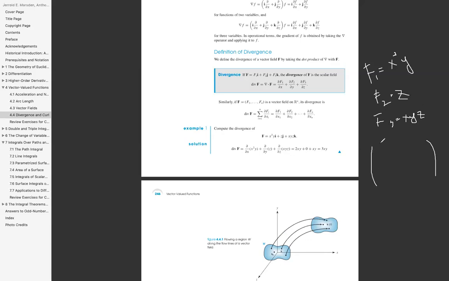So the 3 by 3 matrix for a curl is equal to i, j, k, partial x, partial y, and partial z, and here is f1, which is x squared y.